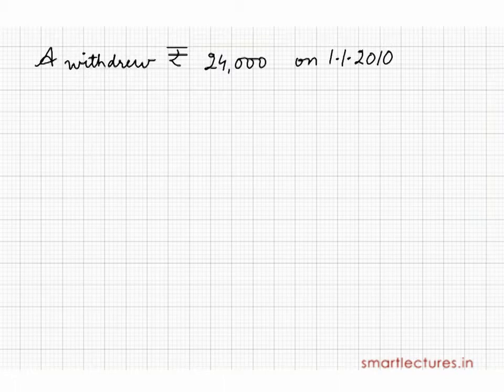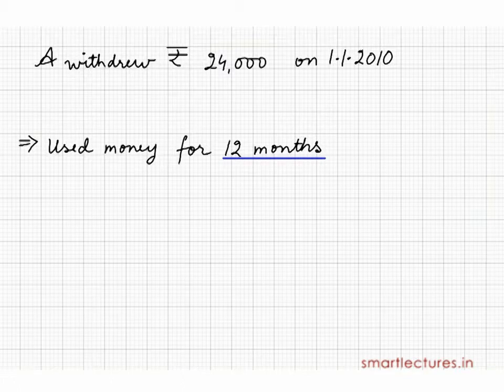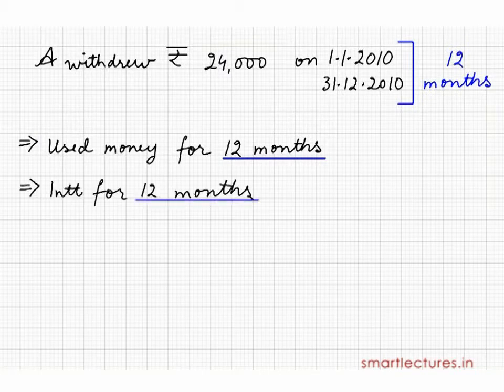If it was withdrawn in the beginning, then we'll calculate the interest for 12 months, because 1st January 2010 to 31st December 2010 is a block of 12 months. Naturally, he will have to pay interest for 12 months.